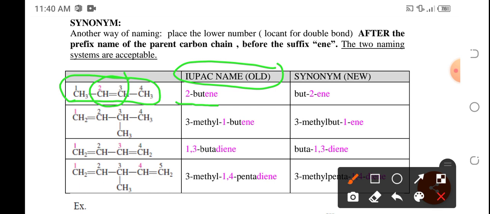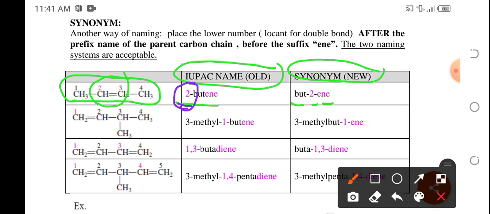Okay? Pero you could actually have the new name or pwede rin synonymous name niya as but-2-ene. Okay? So anong pinagkaiba lang nila dito is the position of the locant. Kung dun sa old one, yung number 2 ay nilalagay or locant ay nilalagay dun sa unahan bago dun sa pangalan ng butene.